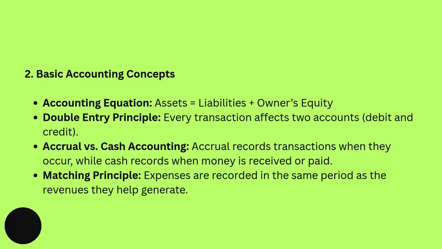Lastly, let's touch on the difference between accrual versus cash accounting. Accrual accounting records transactions when they occur, regardless of cash flow. In contrast, cash accounting only records transactions when cash is exchanged.